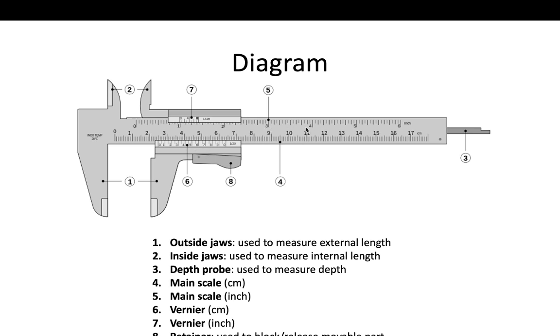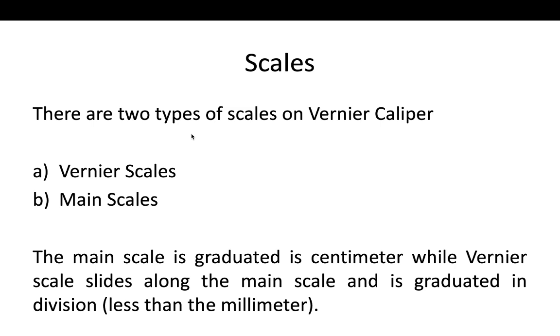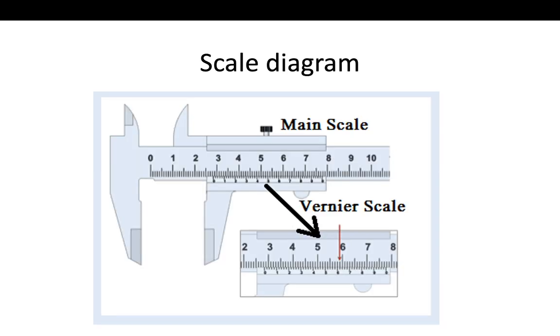This is our main scale, and this small one is the Vernier scale sliding on the main scale, which is always in millimeters or inches also. So this is the clear diagram of the scales.